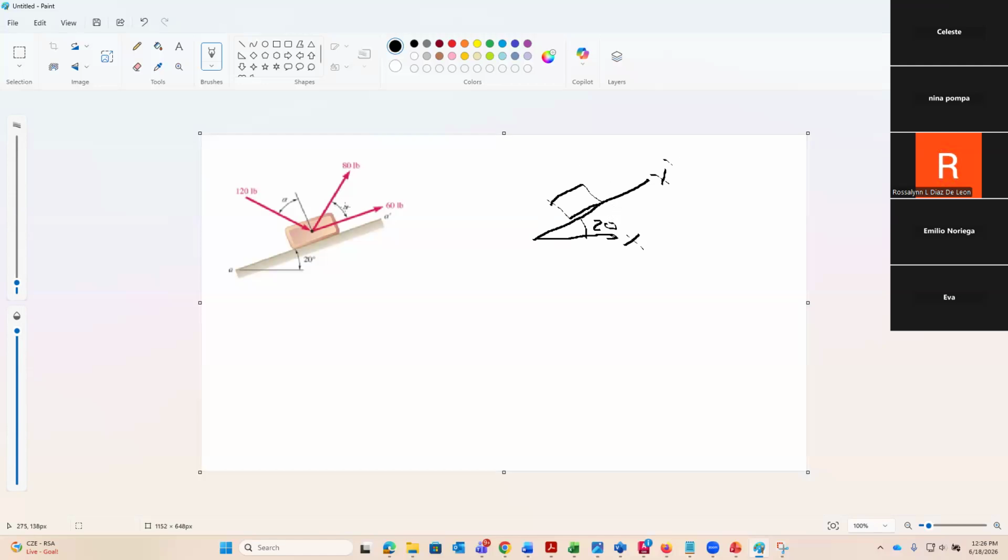And then that means that this alpha, or A, with respect to your x-axis, is A plus 20. So if you want, you can say that you actually have this angle, beta, and beta is alpha or A, whatever that is, plus 20.